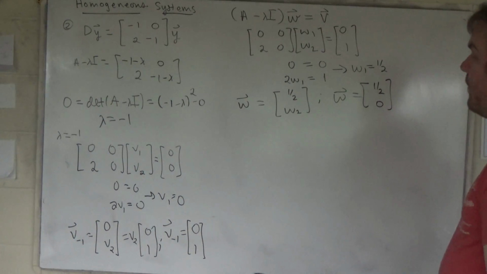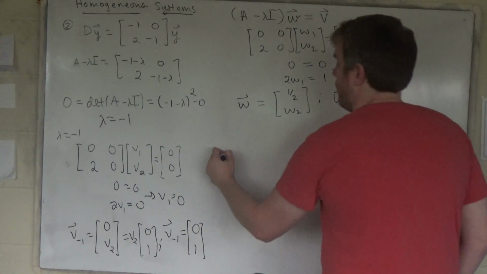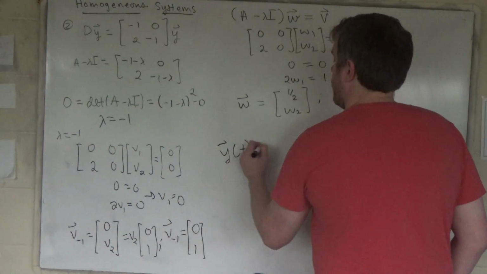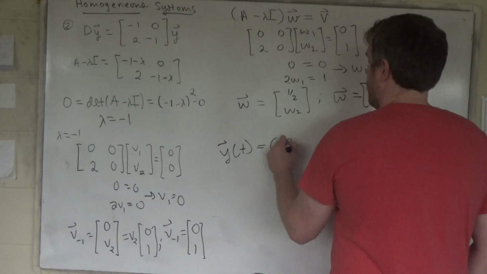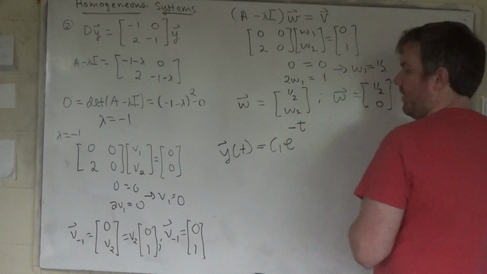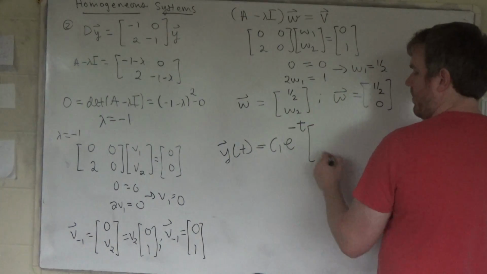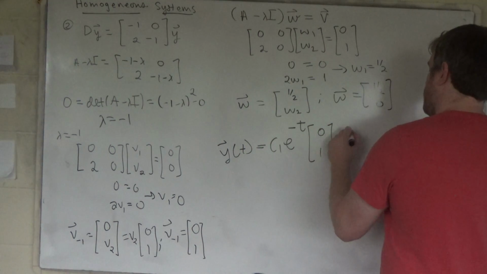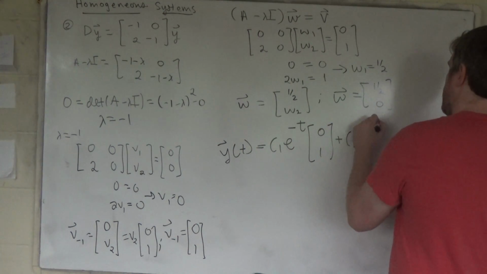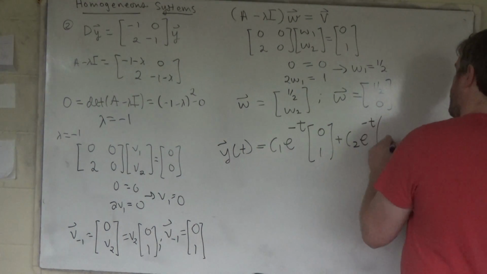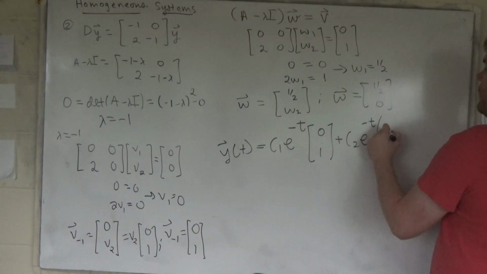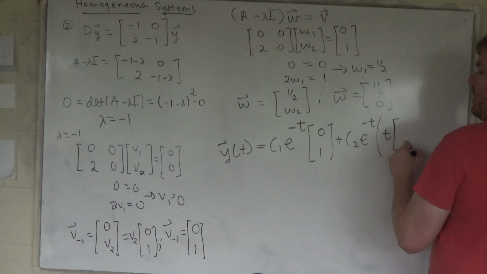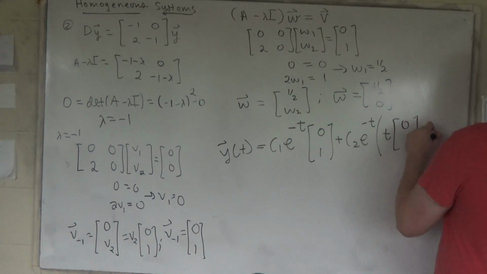Now, once we have all of this information, we can just write down our solution. The vector function y is c1 e to the lambda t times the eigenvector, plus c2 e to the lambda t times a combination of the vectors v and w: t times v plus w.